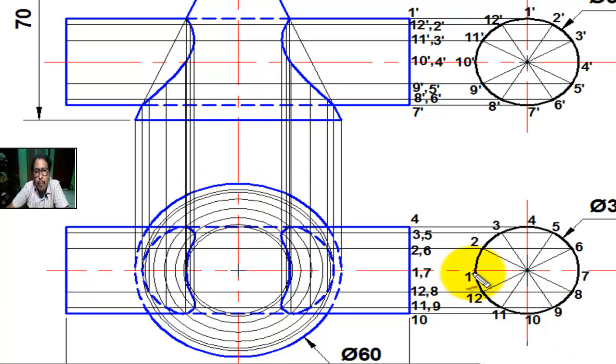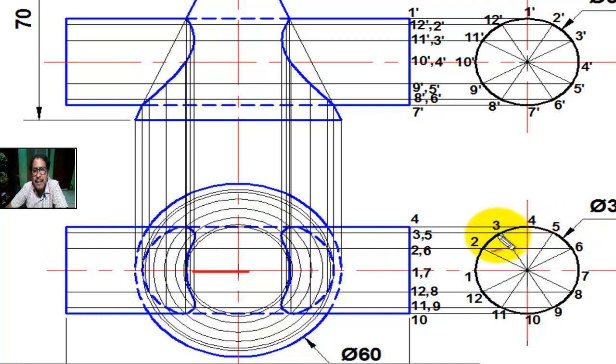Okay. Now from 1 dash we draw a horizontal line, projection line. From 1 and 7 draw horizontal line. From 6 and 2 draw the horizontal line.